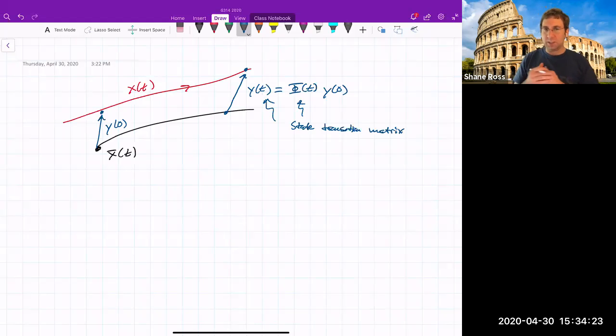And this only holds as kind of a linearization of the dynamics around the reference trajectory.